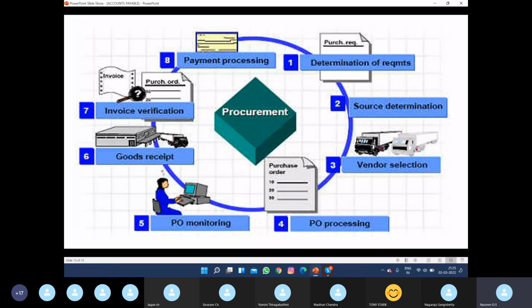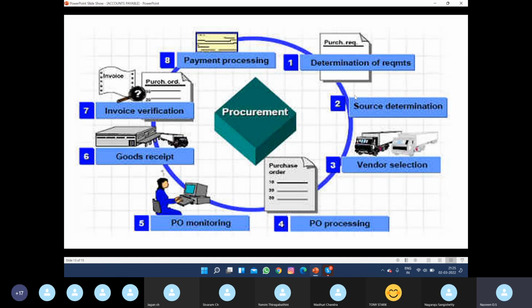Ours is an automobile company, and we require tires. So we determine our requirements. That is, we first analyze how many tires we need. This is called determining of requirements.